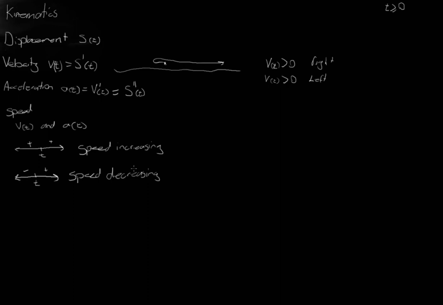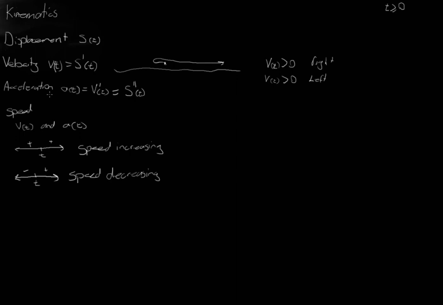So what we can actually use sign diagrams of all of these for is to look at where an object is located relative to its origin. So let's use the example of getting up and putting some rubbish in the bin, where the origin is the seat that you're sitting in.